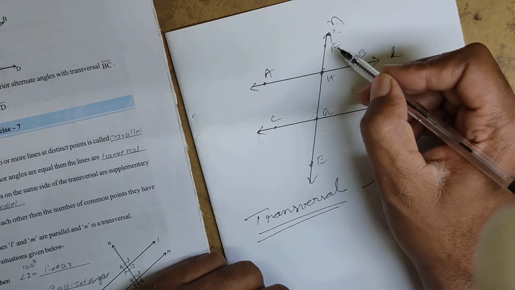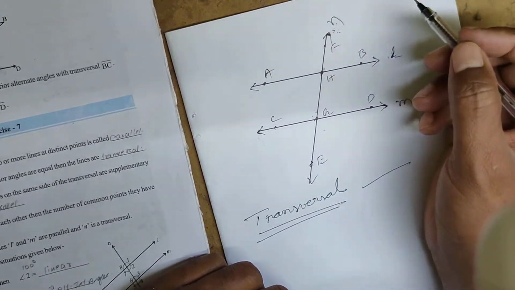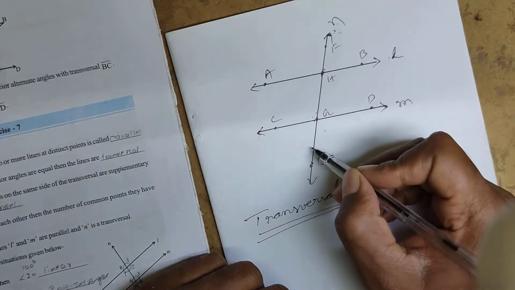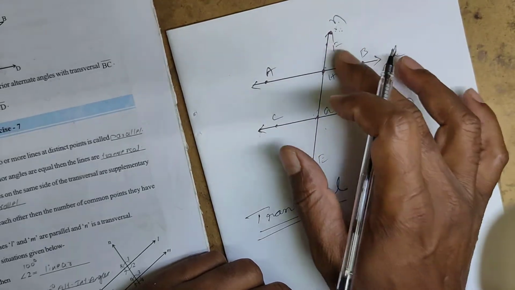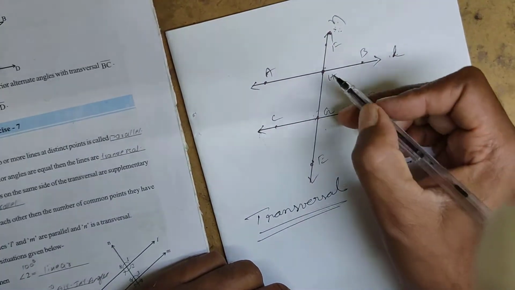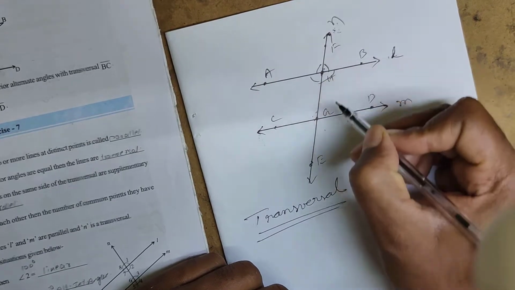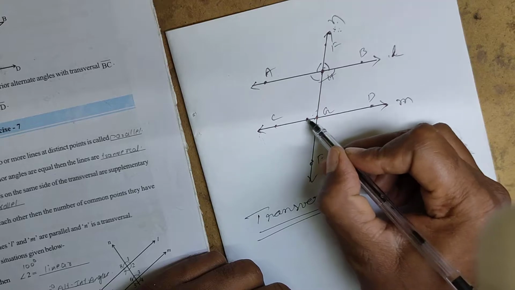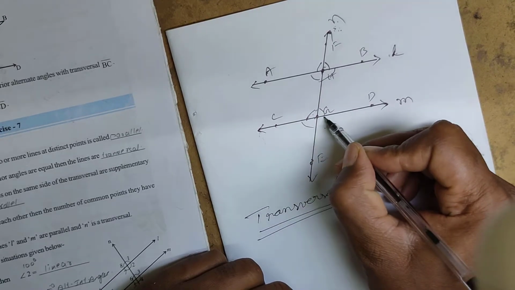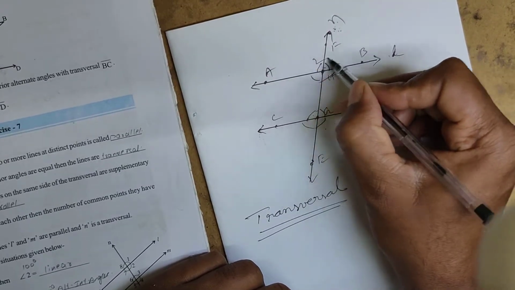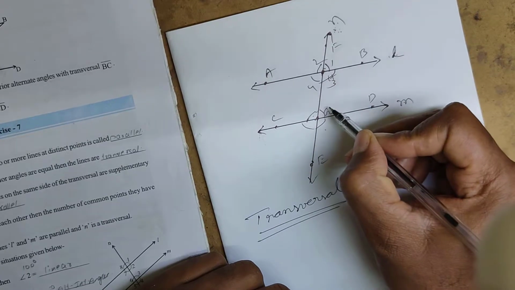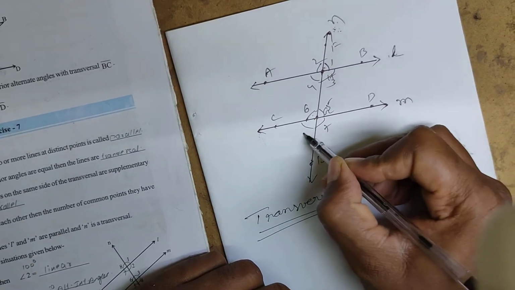So this transversal makes how many angles? At one intersection point 4 angles will be there, and at another intersection point again 4 angles will be there. So how many total angles? 1, 2, 3, 4, 5, 6, 7, 8.